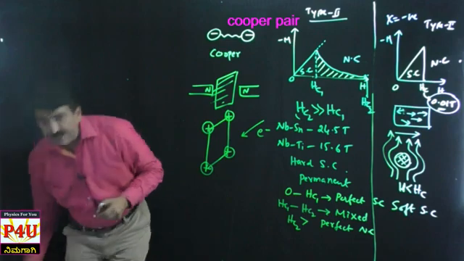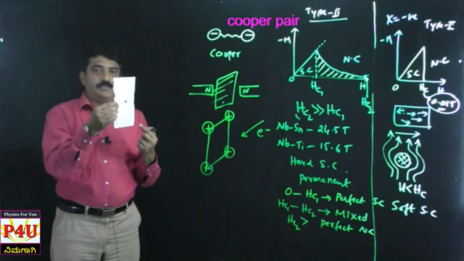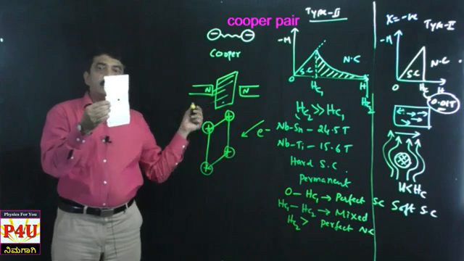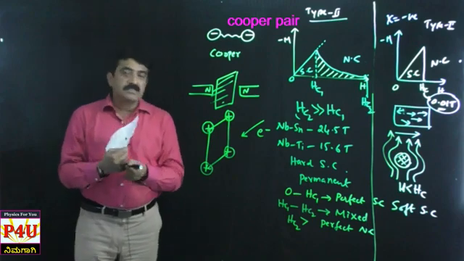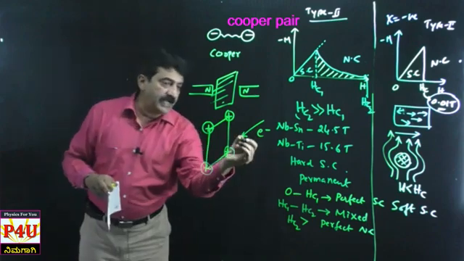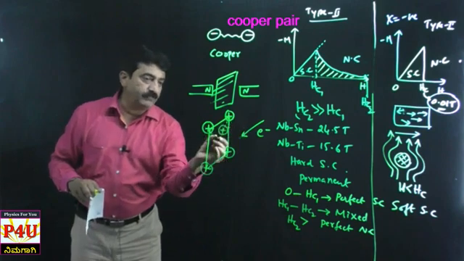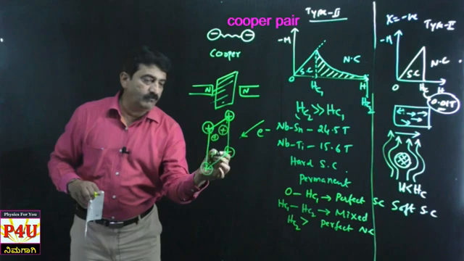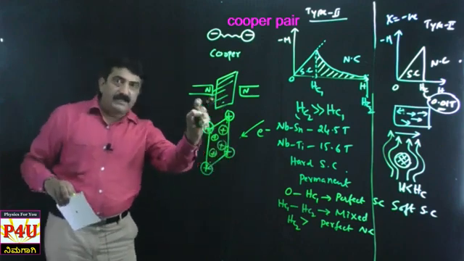Because of the electron's negative charge, as it comes here, this positive will move a little bit, and this positive will move a little bit, and this also. That means there is a sort of attraction.